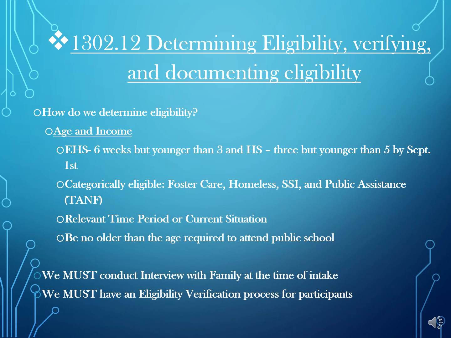Then we have those that are within, we're going to discuss, the relevant time period or current situation. So when we ask for income to be submitted in, we need 12 months worth of income. Income can be anywhere from 12 months worth of check stubs. It can be the previous year of their W-2 or their 1040 tax return, 12 months worth of child support.